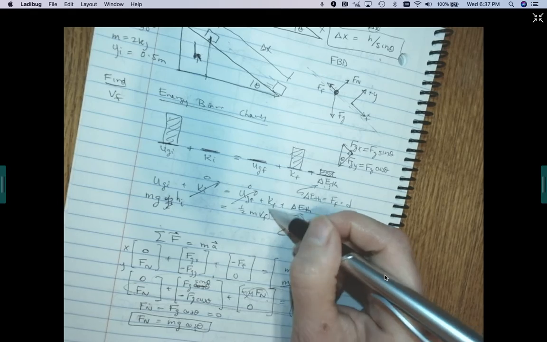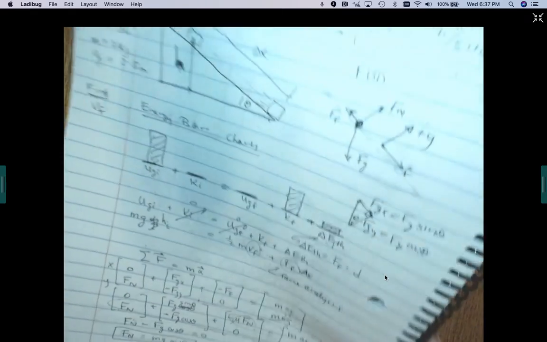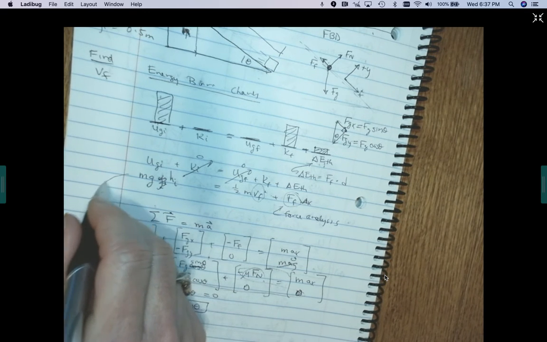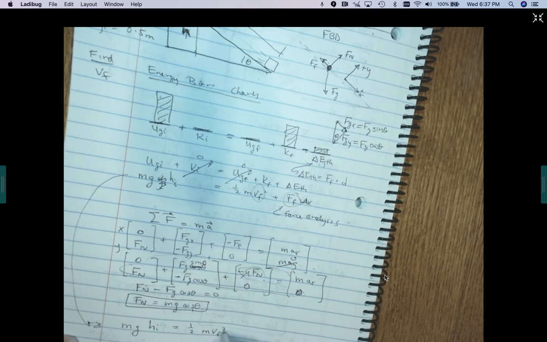We want to solve for v final, so we need to get this by itself. So I'm going to bring this down now. I have mg initial height equals 1/2 m v final squared.